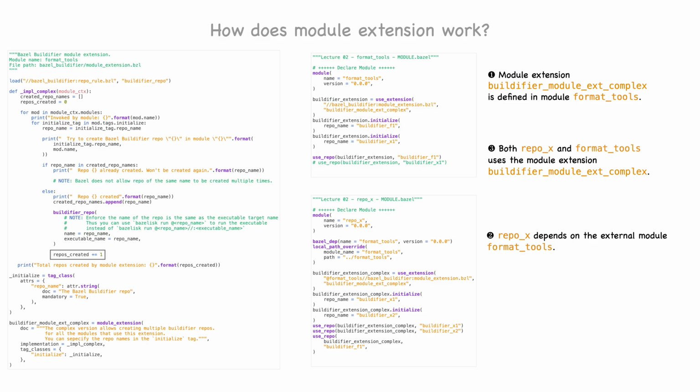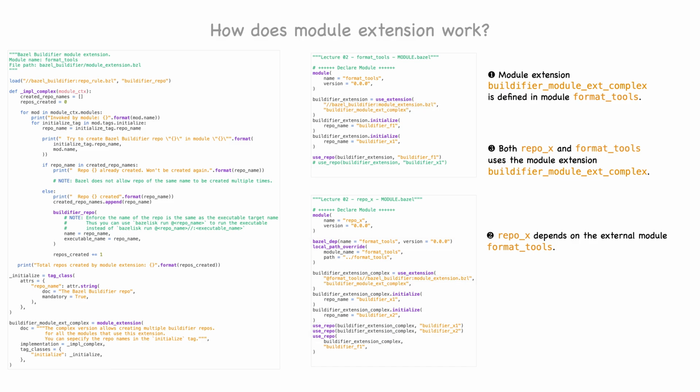It is an absolute overkill for the actual usage, but good for illustration purposes. On the right side, I also show the module file of format_tools and repo_x, both of which are using the beautifier module extension and creating several beautifier repos. A further note is that repo_x directly uses format_tools as an external module.